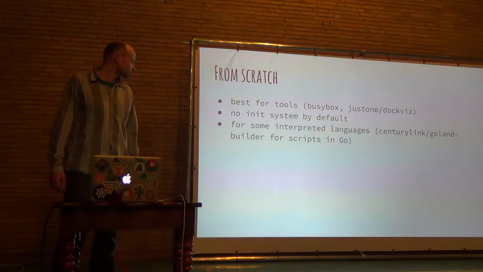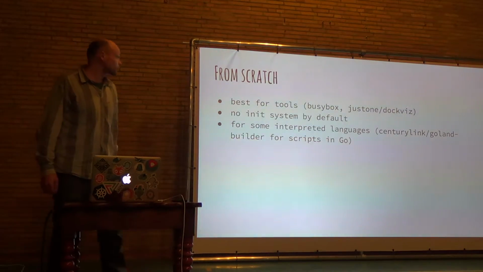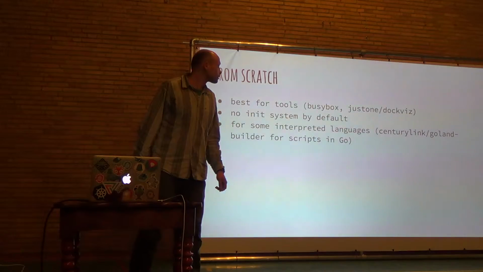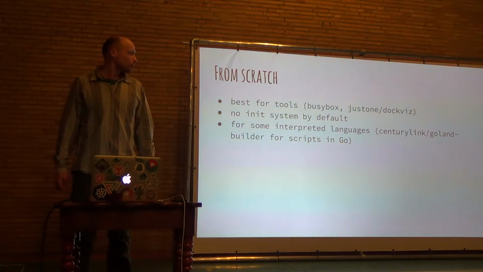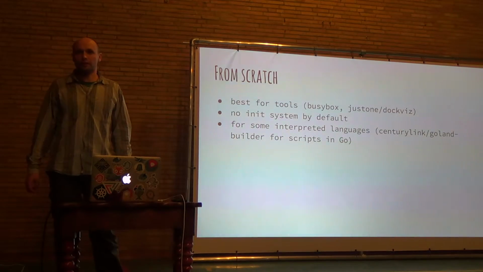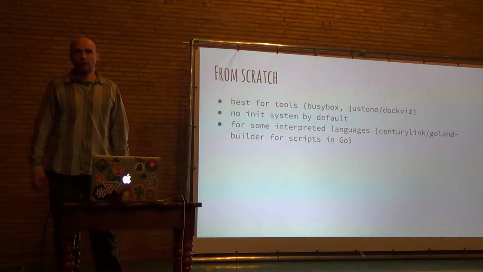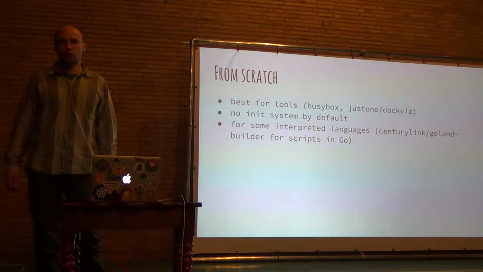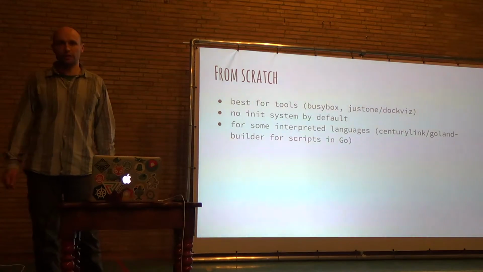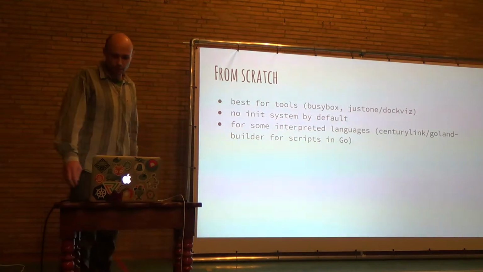For example, for Go. The best example is Docker registry, which currently provides a possibility to display a Docker tree of images.